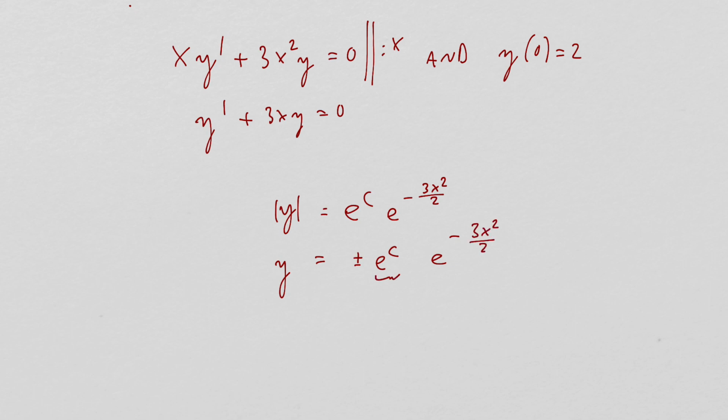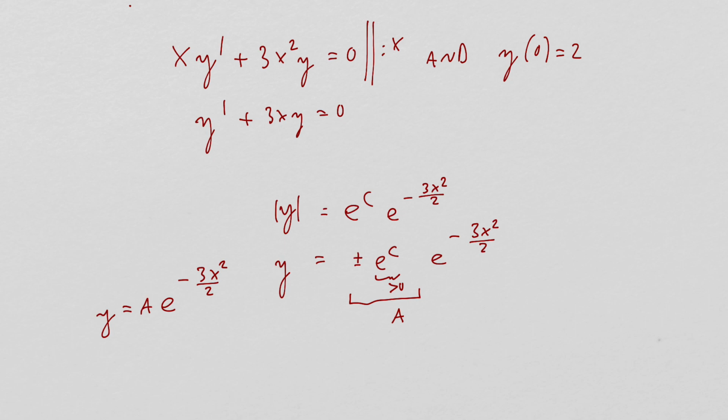This constant here is always positive, but because of this plus or minus sign which came from the absolute value, the constant in the front can also be negative. Well, let's call it just some constant. So we have that y is a constant times e to power minus 3x squared divided by 2.